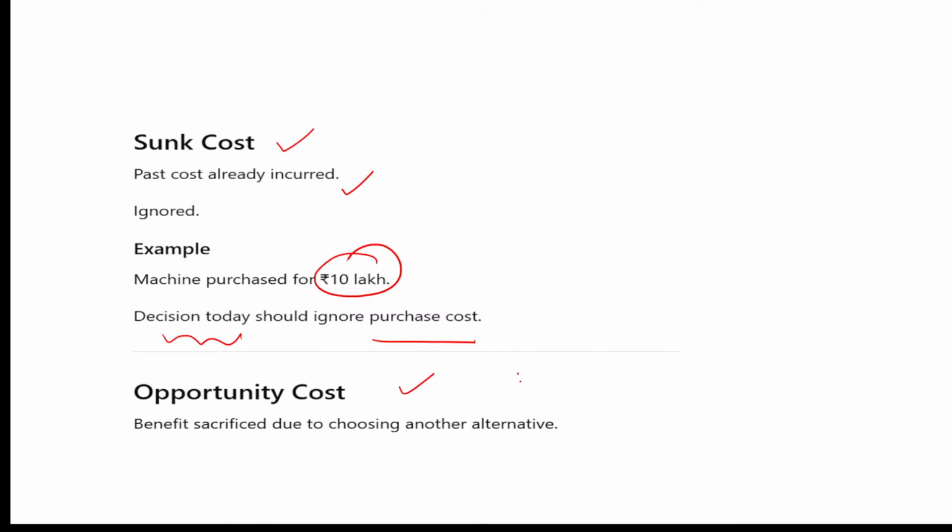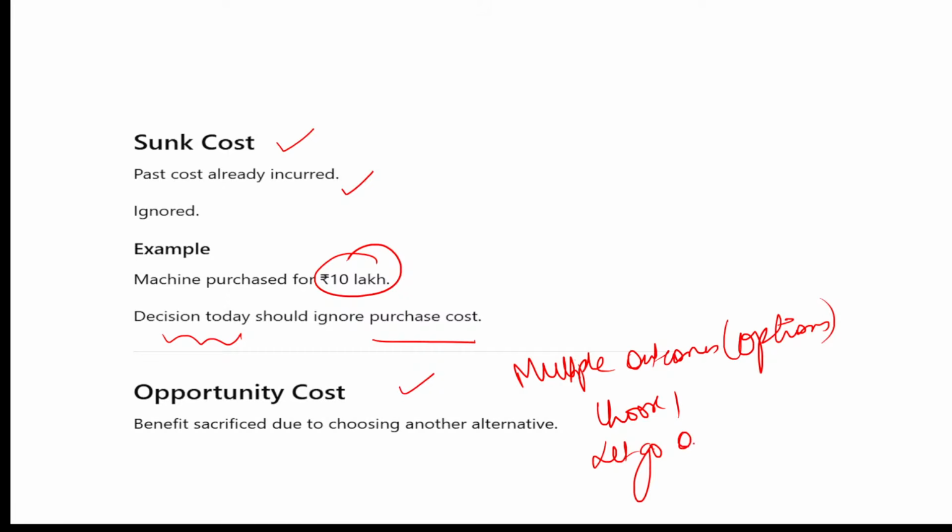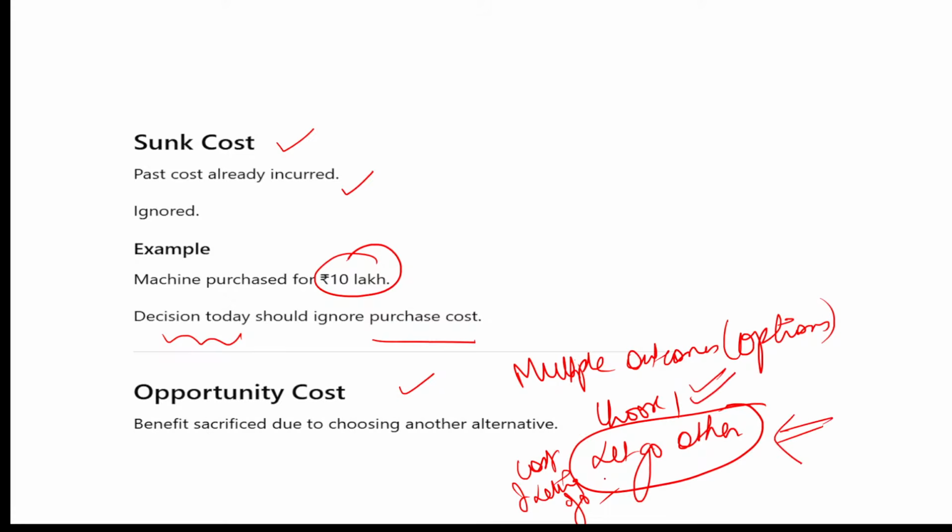When you have multiple outcomes or multiple options available, and you choose one and let go of the others, the cost of letting go is known as opportunity cost. So what is the benefit that I have sacrificed in order to choose another alternative? This is my opportunity cost.